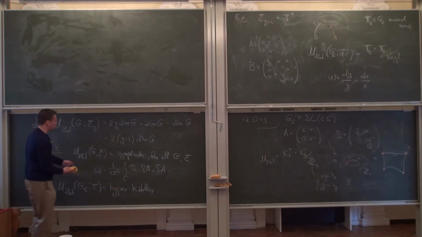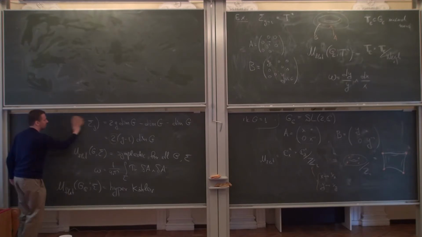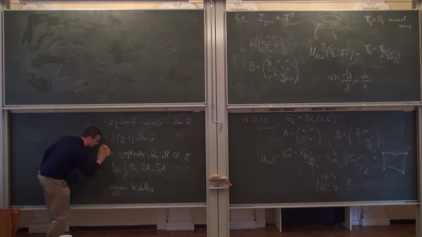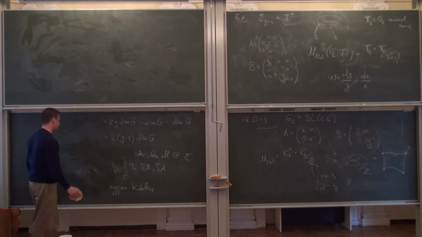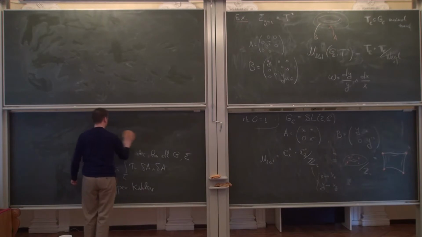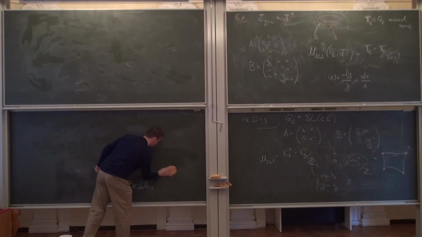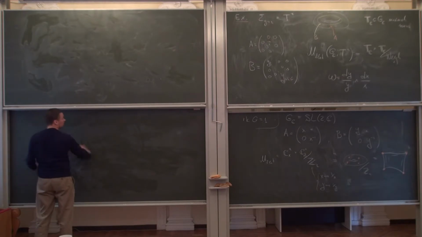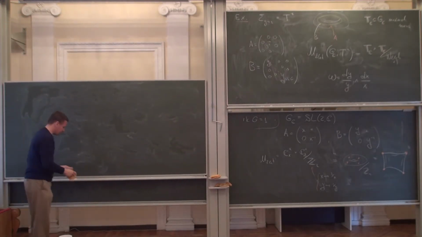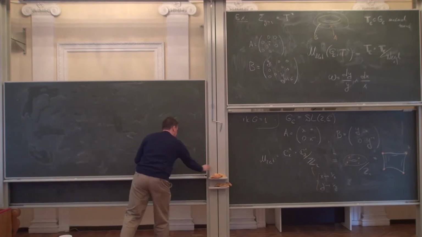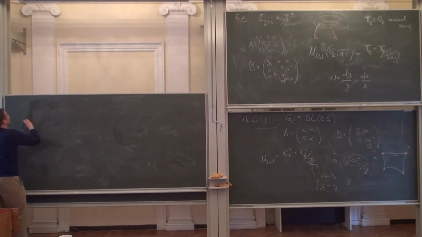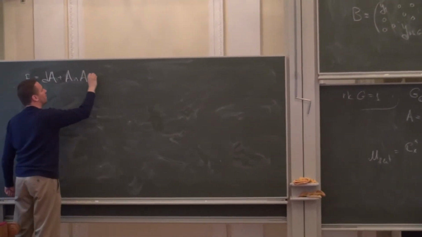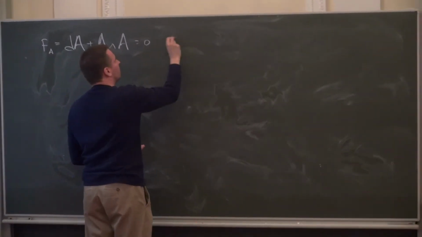Because the space comes with a symplectic structure, which in fact does follow from Chern-Simons theory, maybe I should give a quick argument how and why that happens, because this is a rather crucial element. So our equation F_A, which is dA plus A wedge A equals 0, follows from a variational principle.